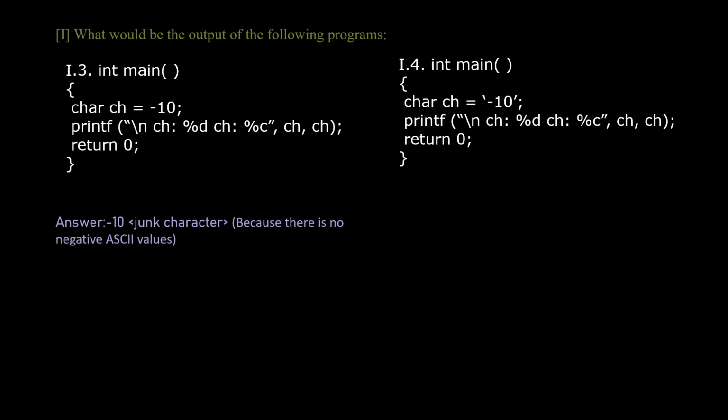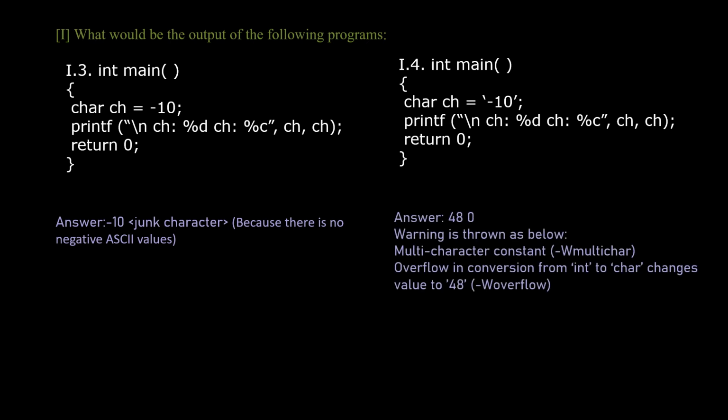Char ch = '-10' in single quotes. So ch with %d will not print -10 because we are assigning it as a character, not as a number. There will be a warning thrown that we are assigning multiple characters to ch.